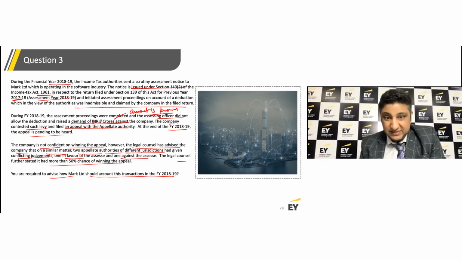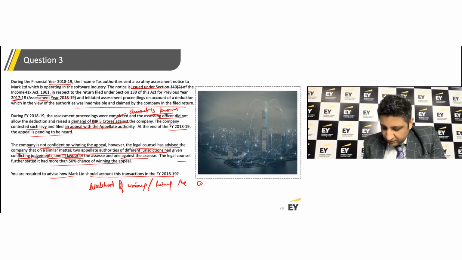All right, so that is where you start looking at there's likely a present obligation. We're not saying that it is necessarily a present obligation. We want to add that factor that the company is not confident on winning the appeal, and there are different judgments made in such kinds of cases. So when you assess this parameter from a present obligation perspective, the likelihood of winning or losing the case is uncertain, right?